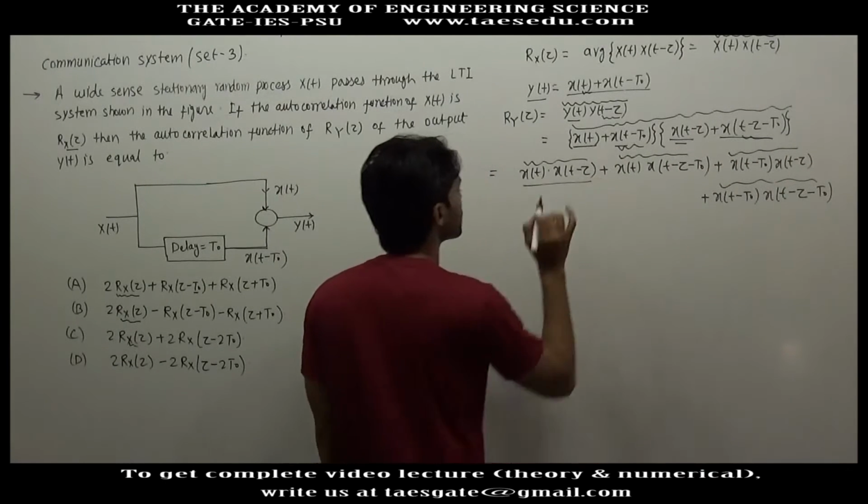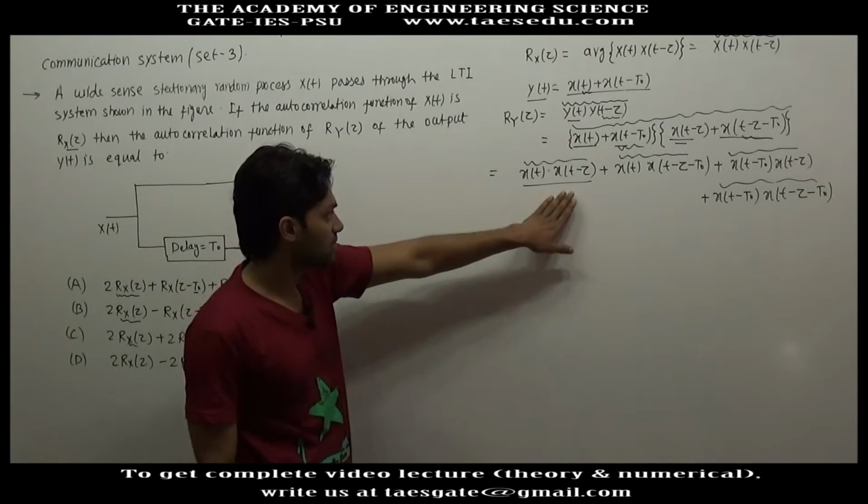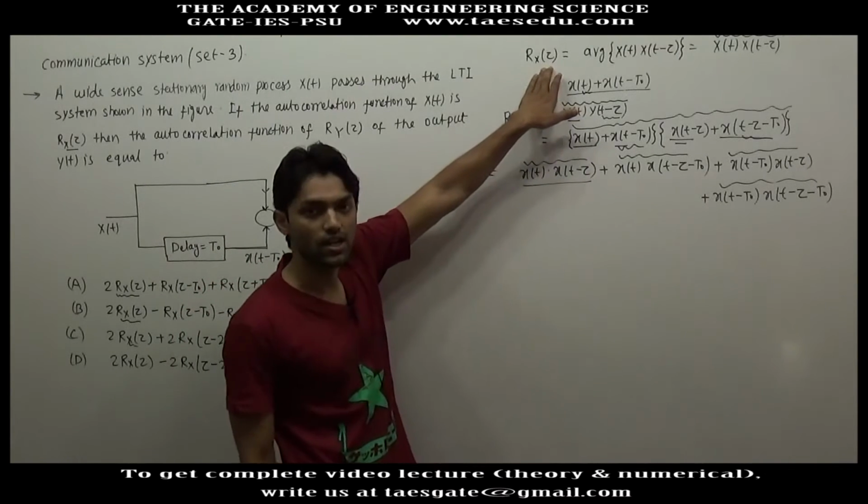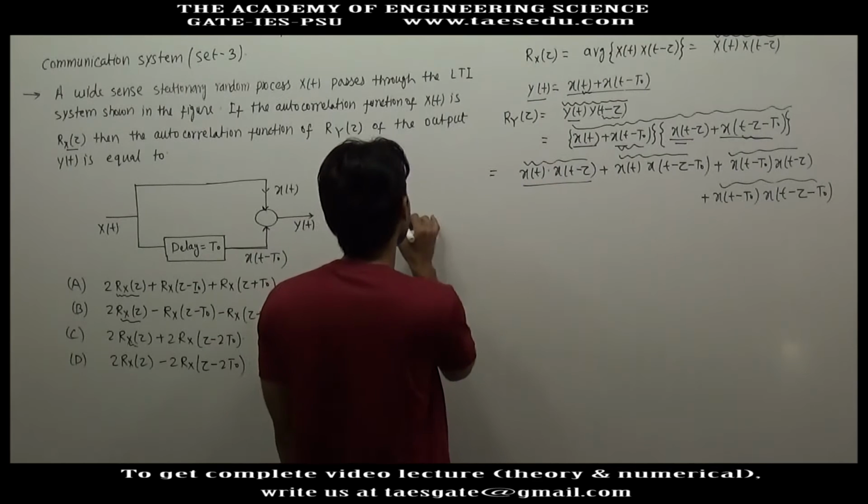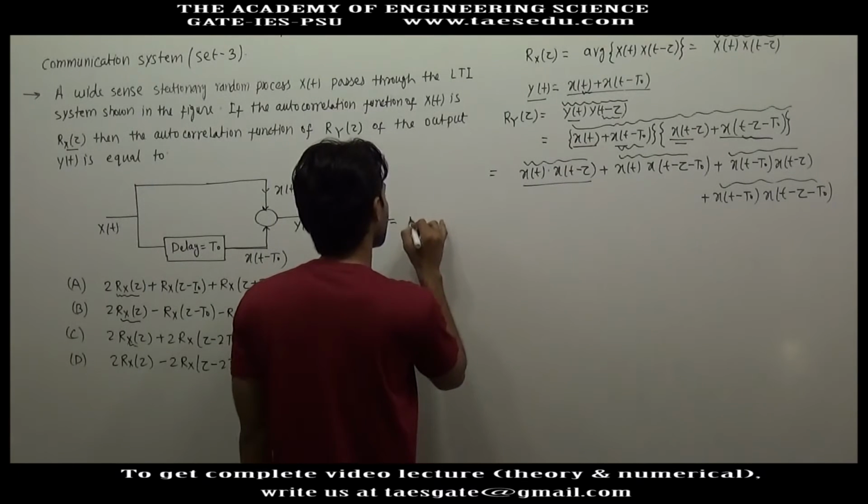So what is this expression? This is nothing but the expression for the autocorrelation function of x(t). So this is Rx(tau).